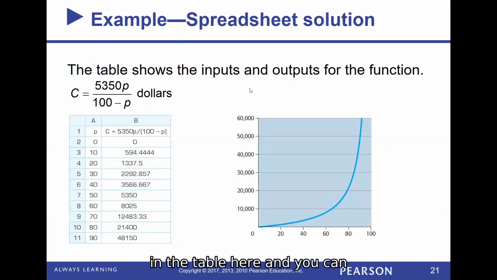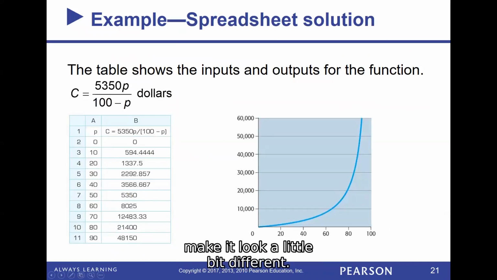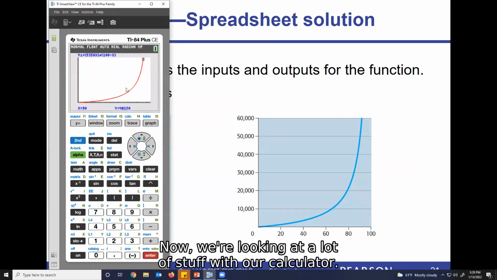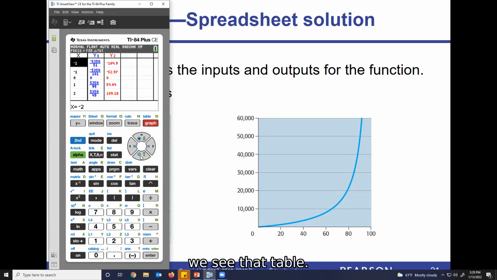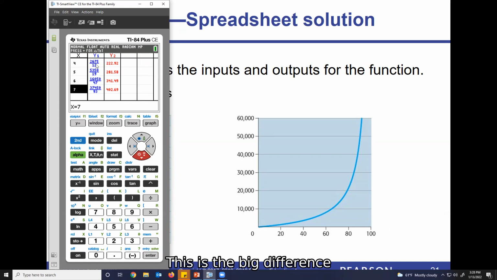Okay. Now, you can see it in the table here, and you can make it look a little bit different. We're looking at a lot of stuff with our calculator, and when we go to second graph, we see that table. You can, again, remind yourself that this table is scrollable. This is the big difference between the two different tables. You'll notice I have a Y1 and Y2. They're technically the same numbers.